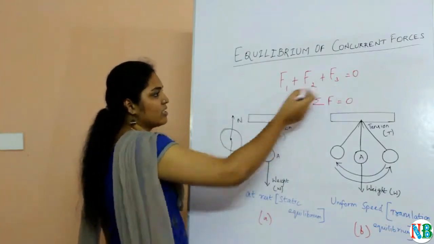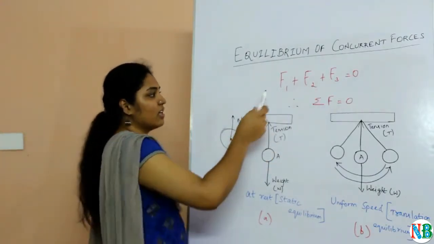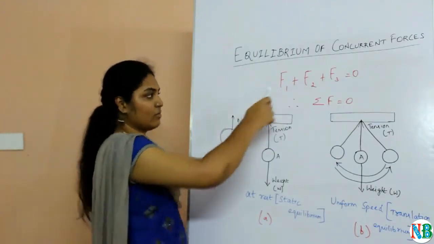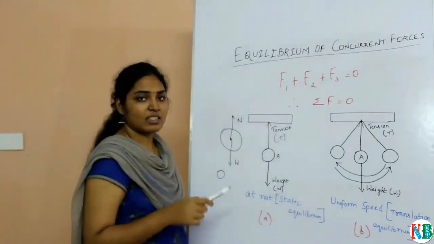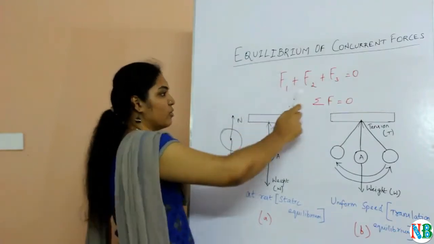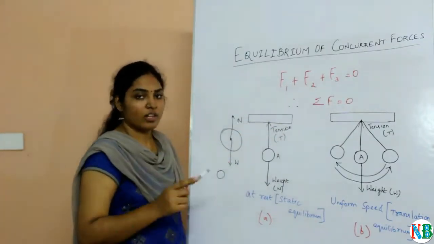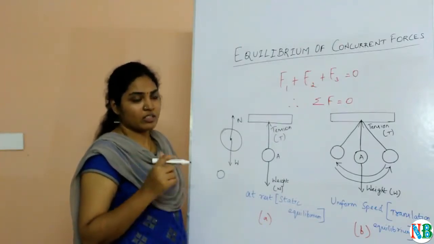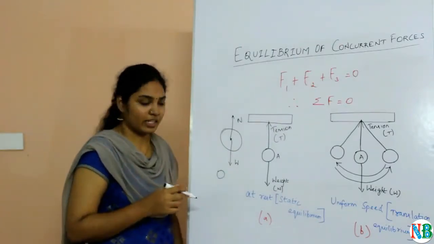That's what this equation states. Let's say there are many forces acting on the particle, F1, F2 and F3. The summation of these three forces should be 0 for a system or particle to be in equilibrium. This is what equilibrium states.